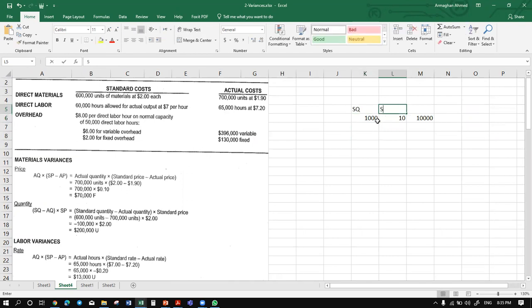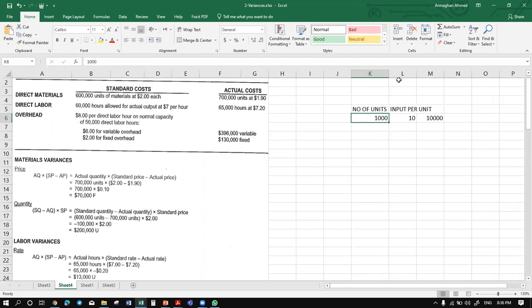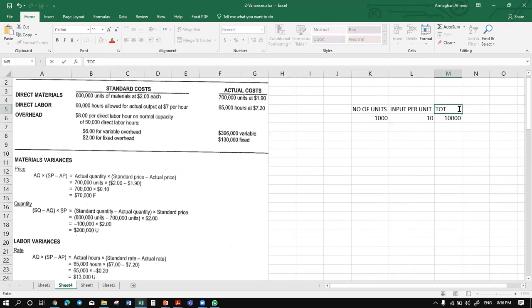Standard quantity, standard price, or let's say number of units and input per unit, and total quantity of material.